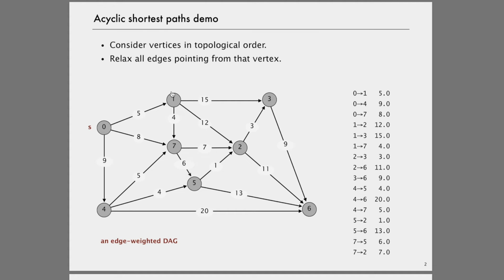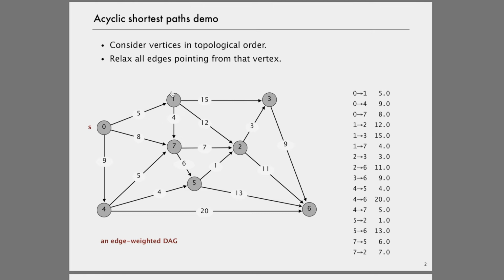But you know that there are no directed cycles, and in many applications we see this. The question is: does the fact that it has no directed cycles make it easier to find the shortest path than in a general digraph? And the answer is yes, it certainly does.